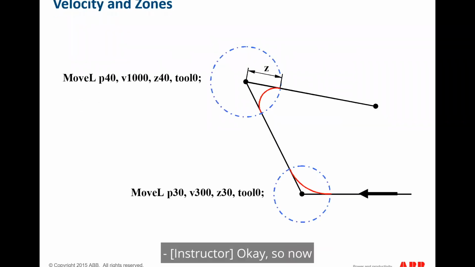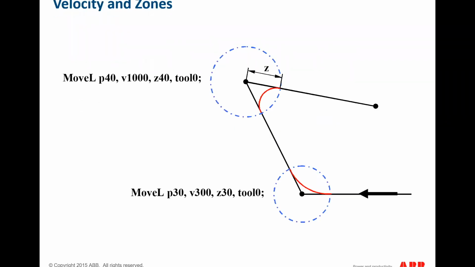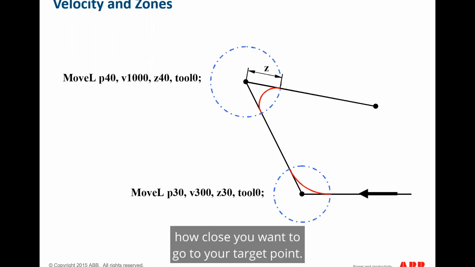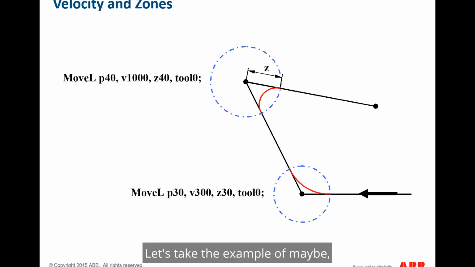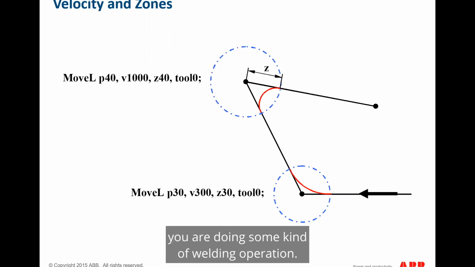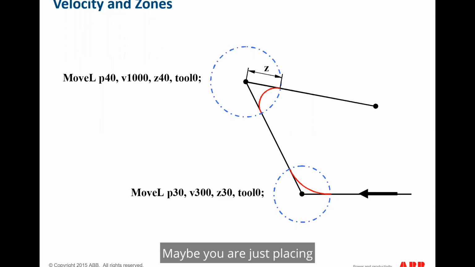Okay, so now if we are talking about the zones, the zone is basically how close you want to go to your target point, how precisely you want to approach it. Let's take the example of a welding operation. Then you want to make sure that you are reaching the target point exactly. Maybe you are just placing the robot tool at some location. You don't need to be as accurate as you would be in the case of welding.